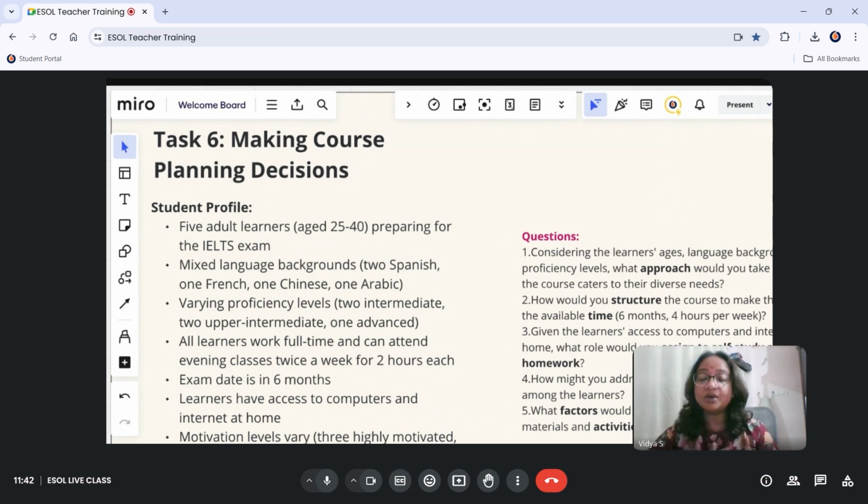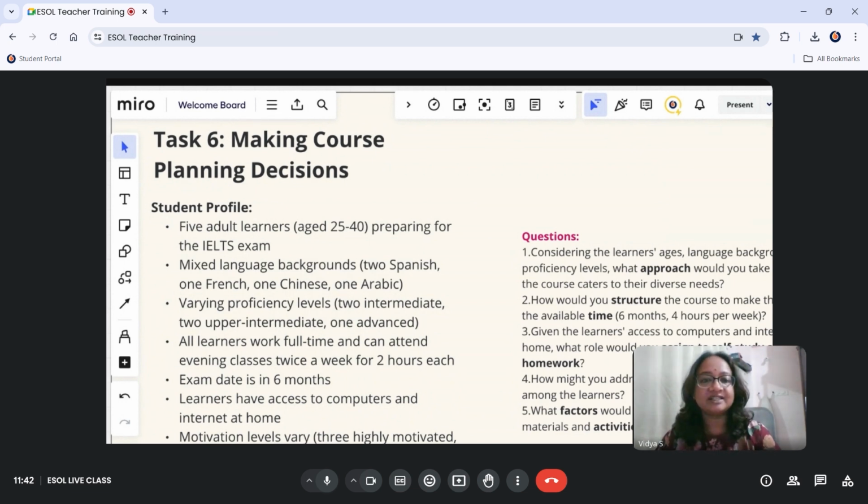So we can give them more tasks, like task one and task two, when we were studying about writing the points of essays. So we can give them more of a homework part, developing their writing and reading as well.